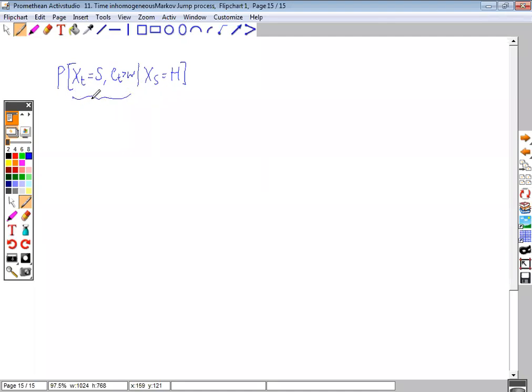This just says that when I find myself sick at T, I have been sick for at least W amount of time.